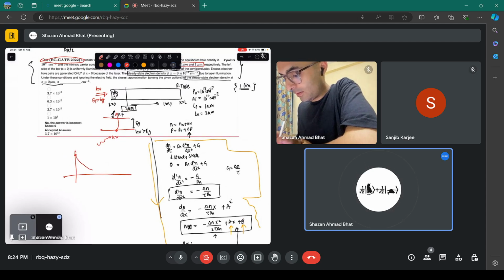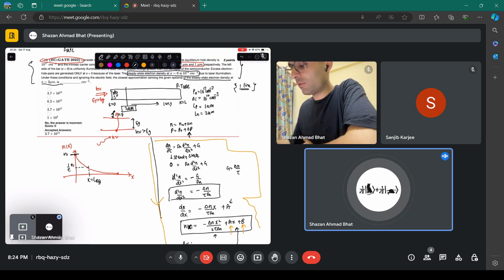If n of x is falling exponentially with x, then at the diffusion length L, the concentration is 1 by e of the concentration at the start. Let's say if this is N1, then this is N1 by e. That is the definition of the diffusion length.